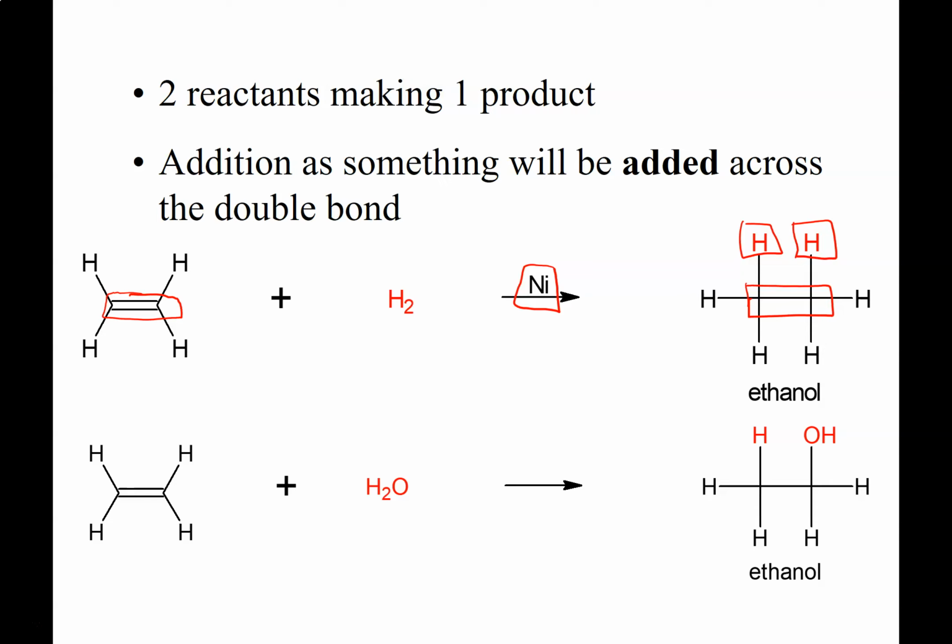And here, if you have an alkene again, C2H4, you add water to it, then you come out with an alcohol at the end.